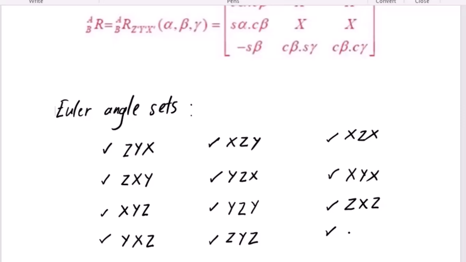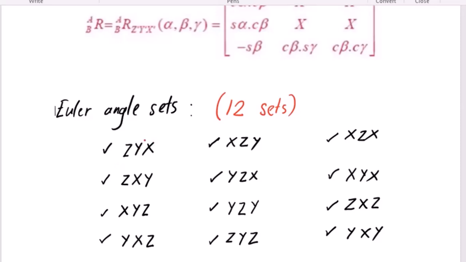There's one more. Y, X, Y. Okay, Y, X, Y. So you can see there are 12 sets.